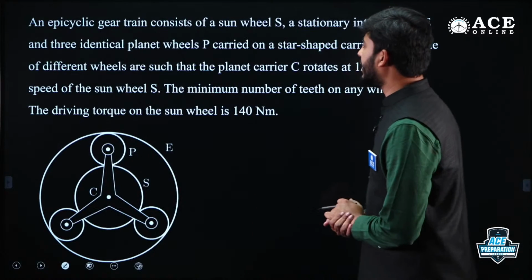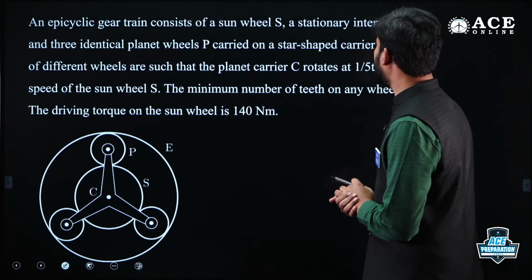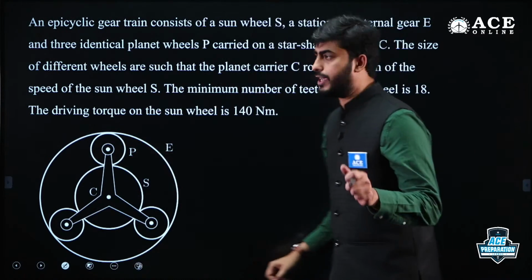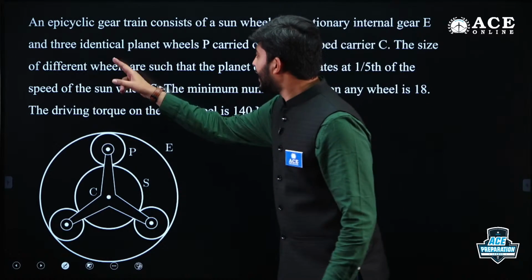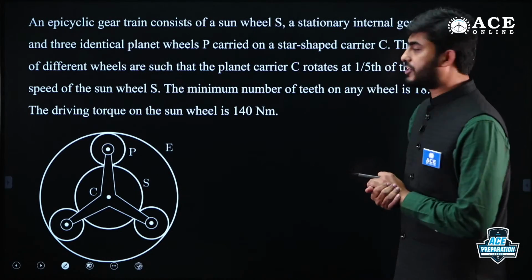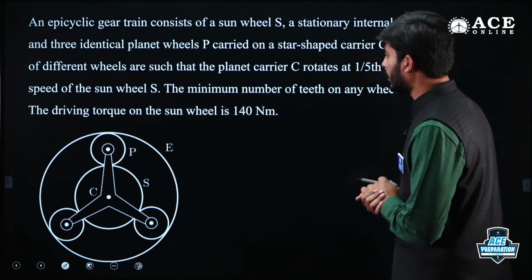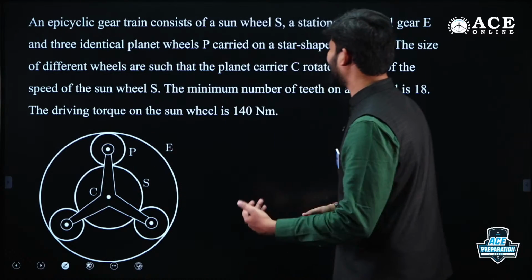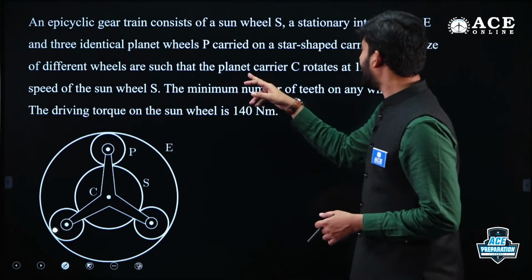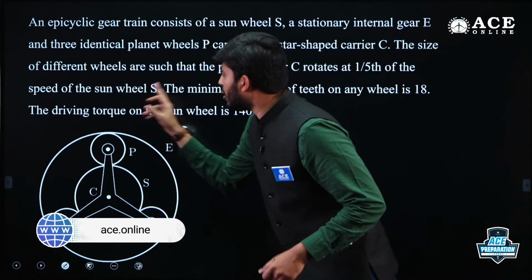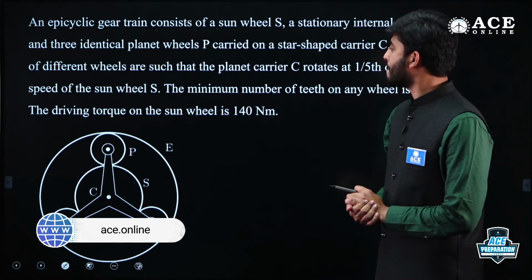Yes, an epicyclic gear train consists of a sun wheel, a stationary internal gear E, and 3 identical planet wheels P carried on a star shaped carrier C. The sizes of the different wheels are such that the planet carrier C rotates at 1/5 of the speed of the sun wheel.